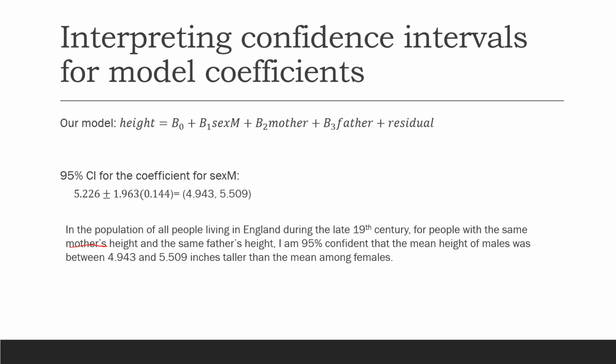Remember, I'm talking about the mother's and father's height being the same because when I put those in the model, I have to interpret the coefficient for sex male, assuming that the other two variables are fixed.